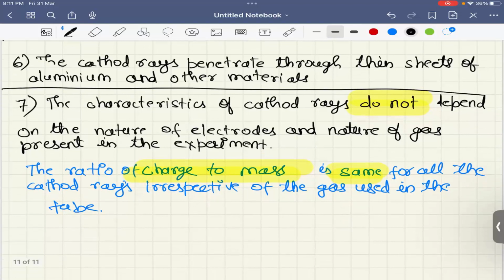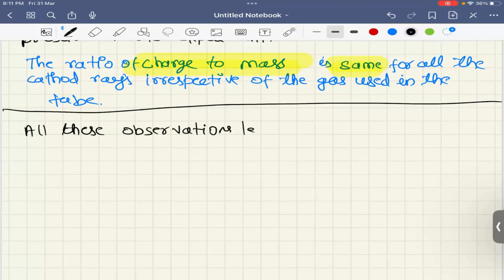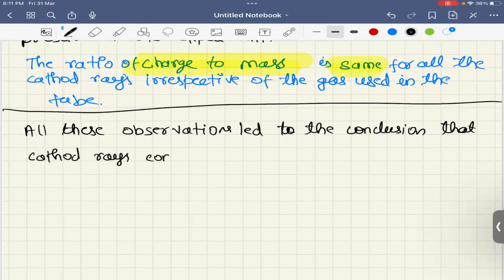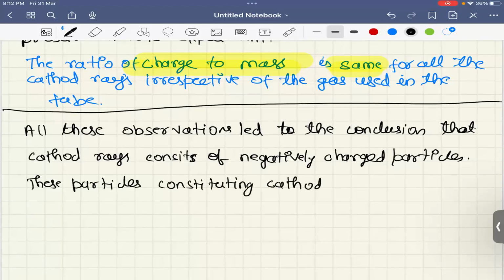So all these observations led to the conclusion that cathode rays consist of negatively charged particles, and these particles constituting cathode rays were named as electrons.